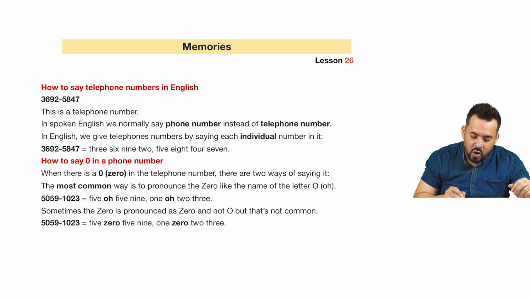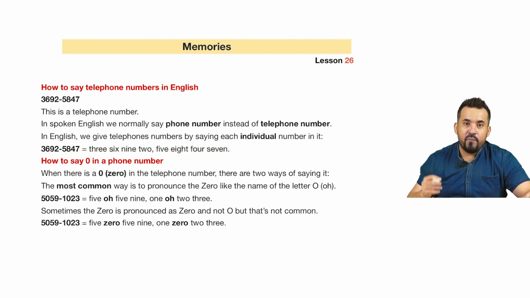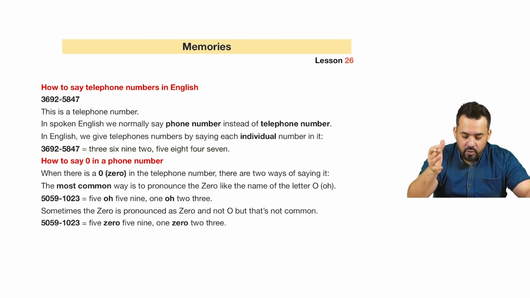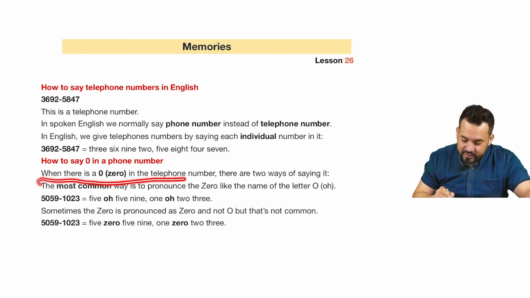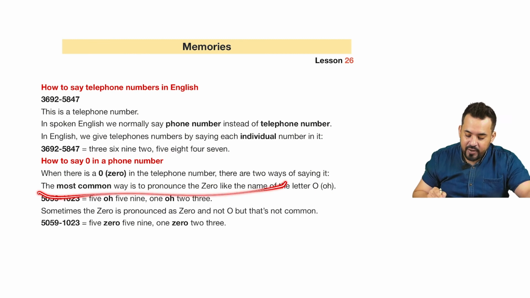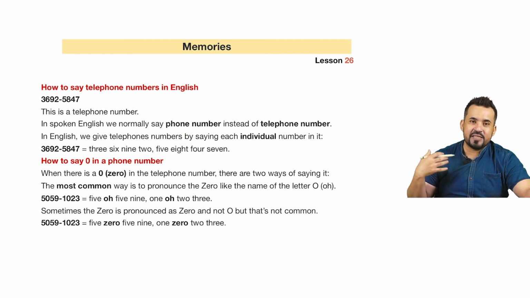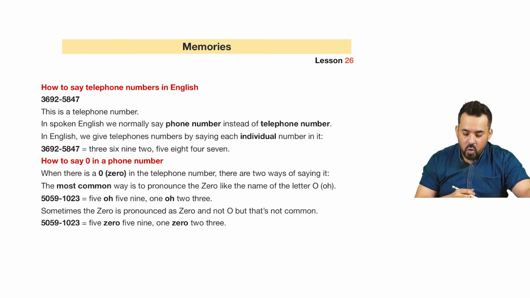Rule number two: how do you say zero in a phone number? When there is a zero in the telephone number, there are two ways of saying it. The most common way is to pronounce the zero as O. This is like 95% of how phone numbers are said.